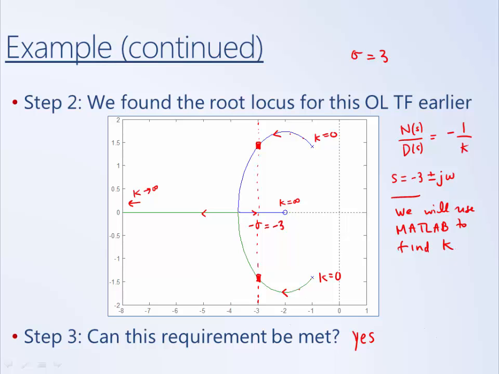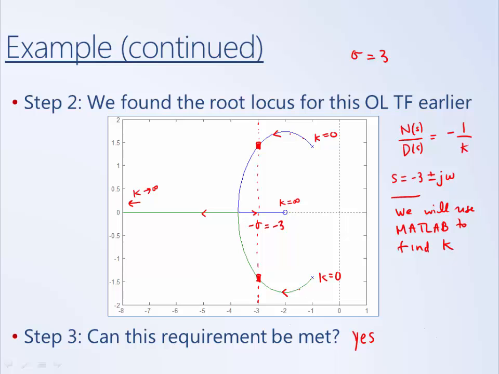Looking back on the previous slide, we saw that this system will not be canonical. So in fact, it's likely that because of the presence of that 0, the settling time won't be 4/3 seconds. It could be smaller, it could be larger.